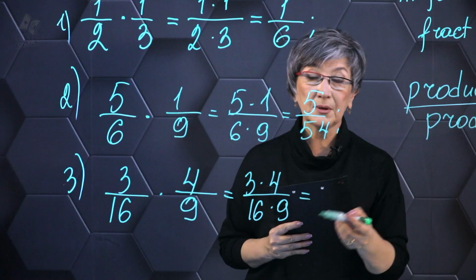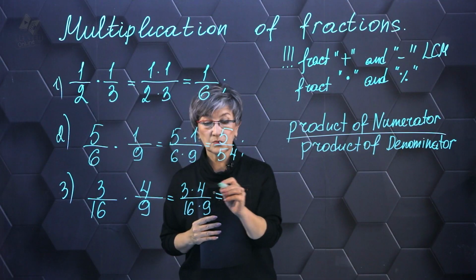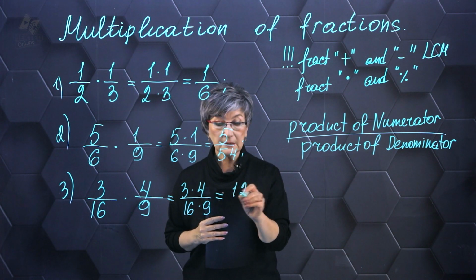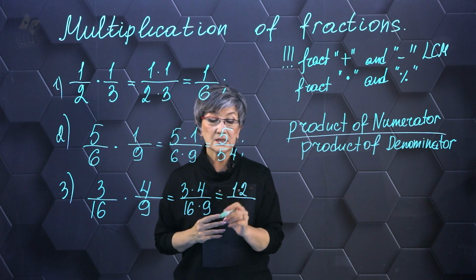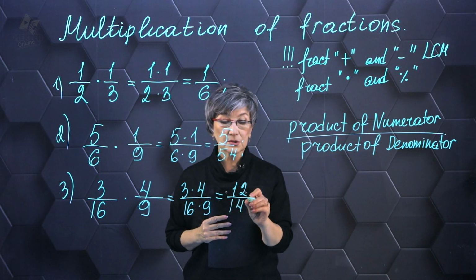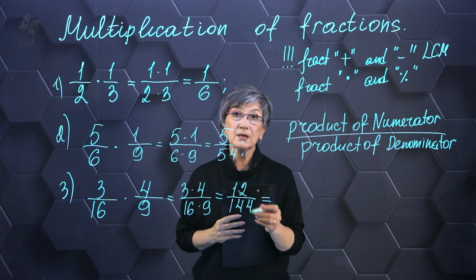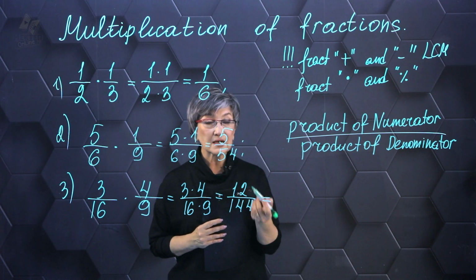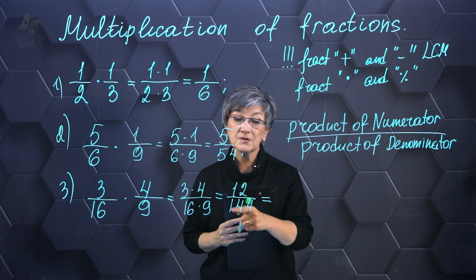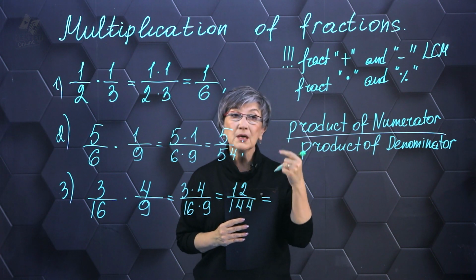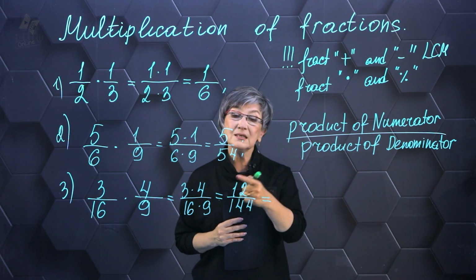The result is that I get the following fraction. 3 times 4 is 12, and 16 times 9, that's 144. According to the rules, we must write down the irreducible fraction in our answer.